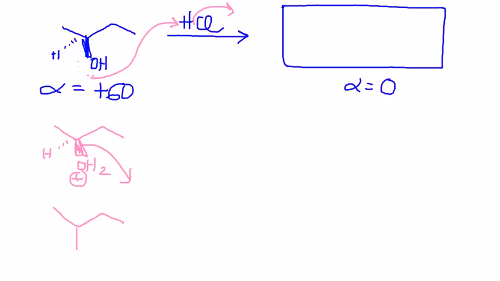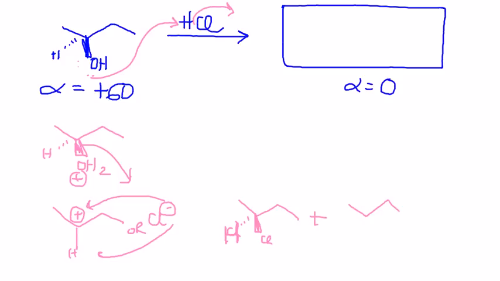And that gives you a secondary carbocation on which the Cl can attack either from top or from the bottom, one or the other, and give you H and Cl, and the other product will be Cl and H. So these are your options.